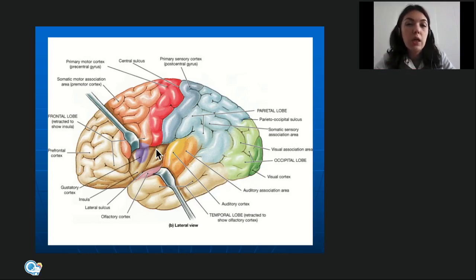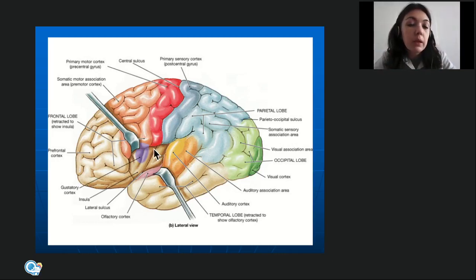A human acquires them with time. Projectional centers are named so because they are connected by means of projectional fibers with lower parts of the CNS. Associative centers are named associative because they are connected by means of associative fibers with projectional centers. So there are no direct connections between associative centers and lower parts of the CNS, just via the projectional centers.